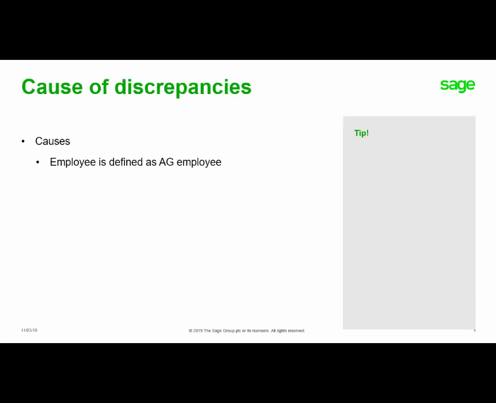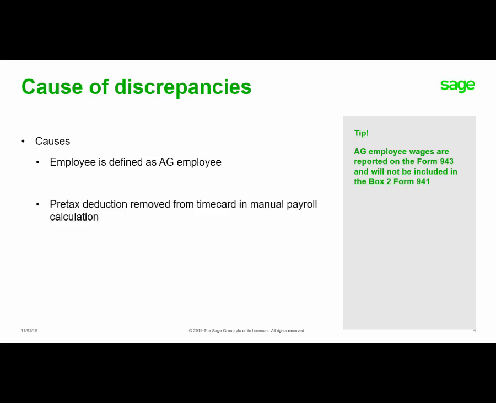Some of the things that can cause discrepancies on the Box 2 figures can be an employee was mistakenly defined as an ag employee. Ag employee wages are reported on the Form 943 and will not be included in the Box 2 Form 941. Possibly a pre-tax deduction was removed from a time card in manual payroll calculation.